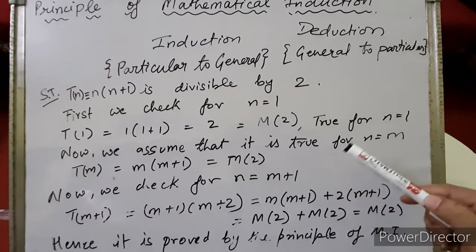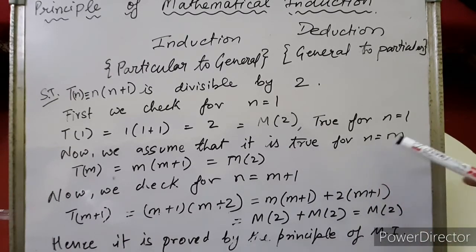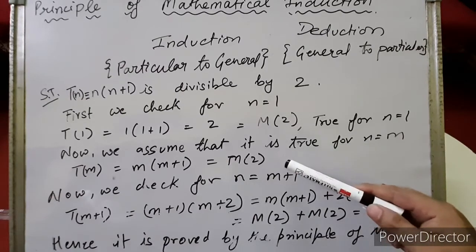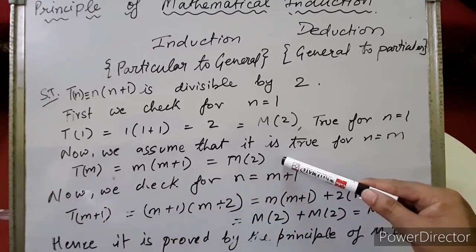Right. Now we'll assume that it is true for n equals to m. That means we always assume that it is true for some m, n equals to m. So when we assume that Tm is a multiple of 2, we place n equals to m and it will become Tm equals to m bracket m plus 1 is a multiple of 2.